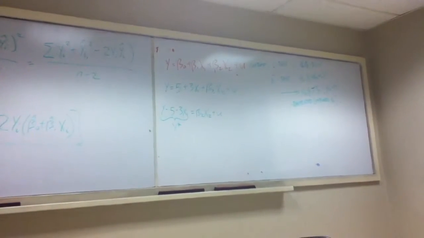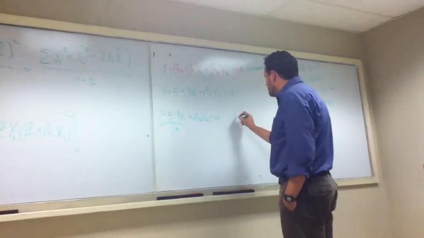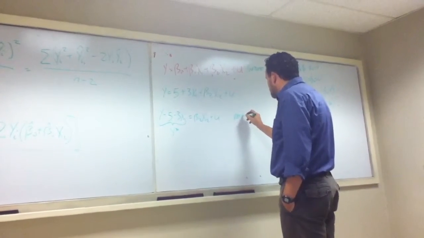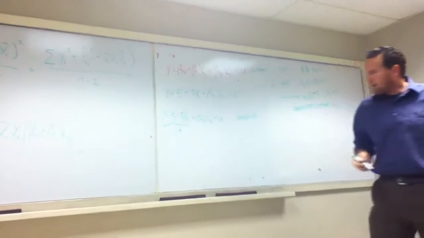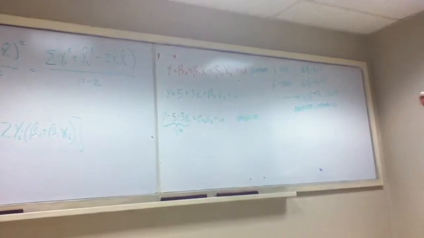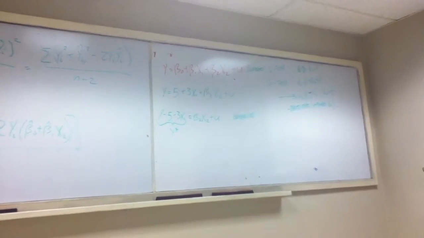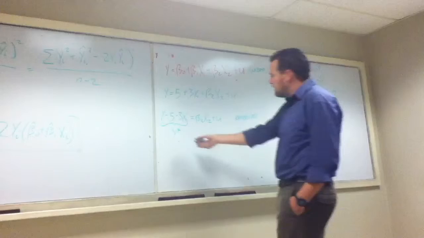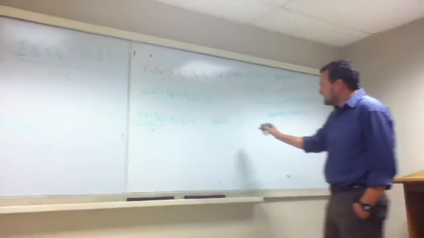So the restricted model in this case: we create this new variable where we take y minus 5 minus 3 times x1 to get this new y star. Then we can use proc reg, model y star on x2 with no intercept, and then we get a restricted model.